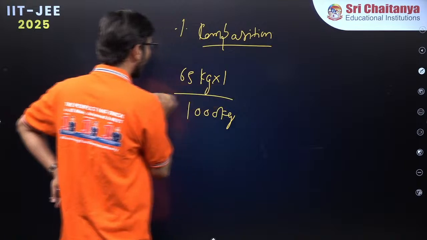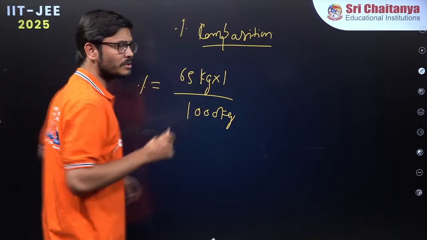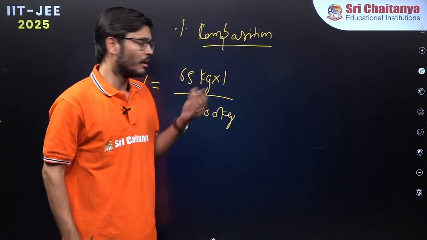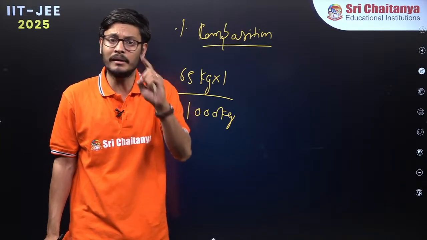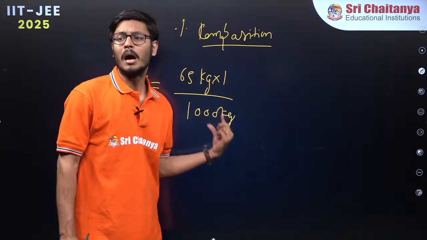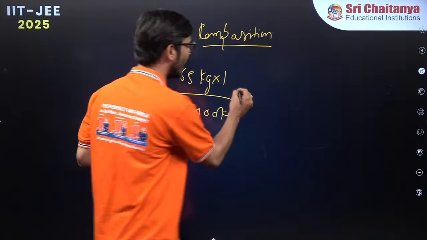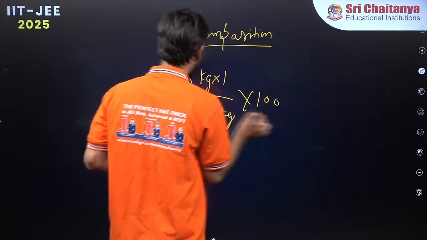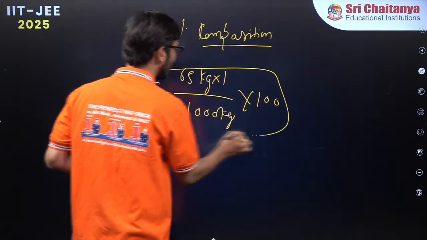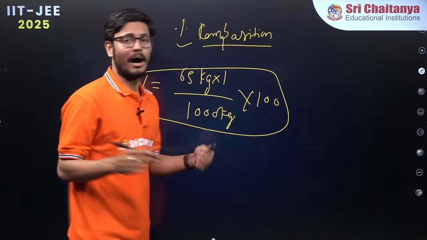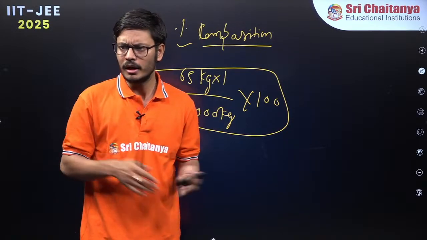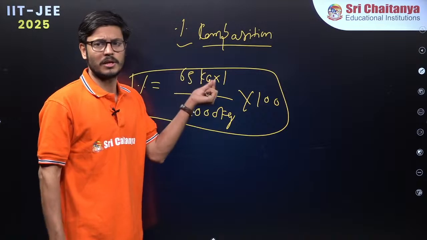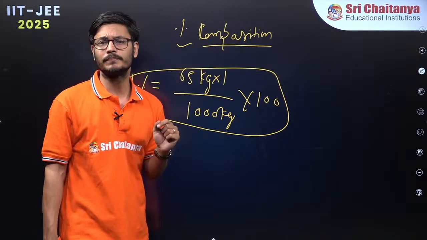So what will be my composition? Mass of mine, and because I am in number only 1, so 65 into 1 by total mass multiplied by 100. This is my percentage contribution or my percentage composition in the mixture of students and teacher, isn't it? So my contribution is this much. So this is my percentage composition.